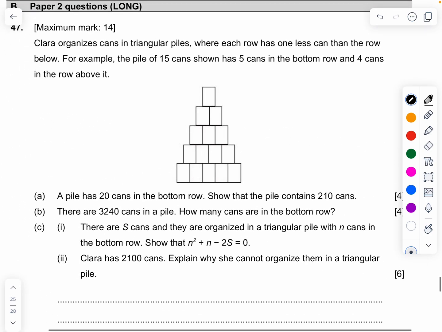Question number 47. Clara organizes cans in triangular piles where each row has one less than the row below. For example, 15 cans shown has 5 cans in the bottom row and 4 cans in the row above it. A pile has 20 cans in the bottom row. Show that the pile contains 210.